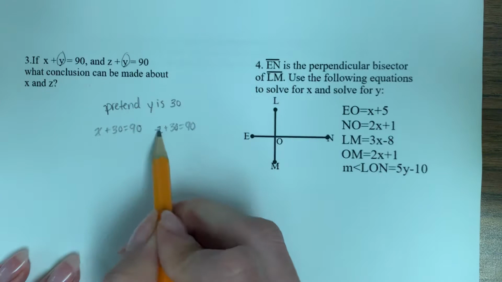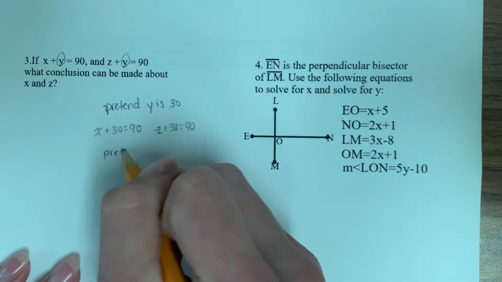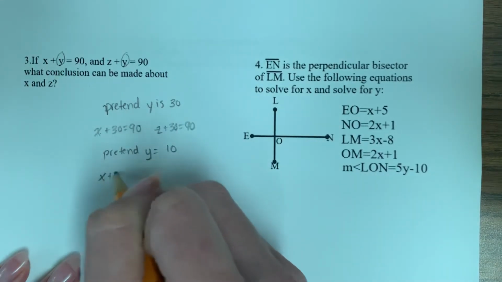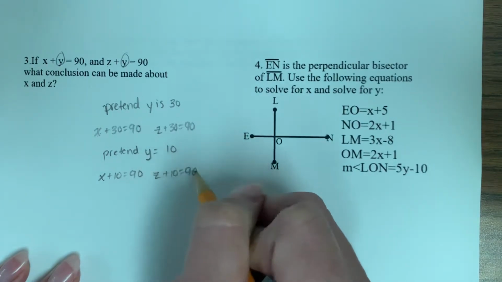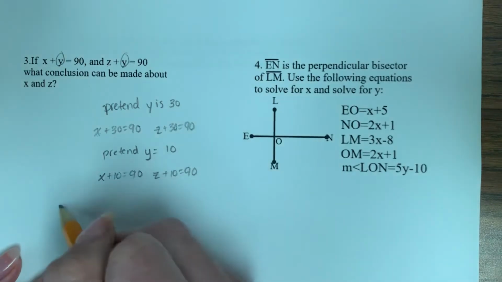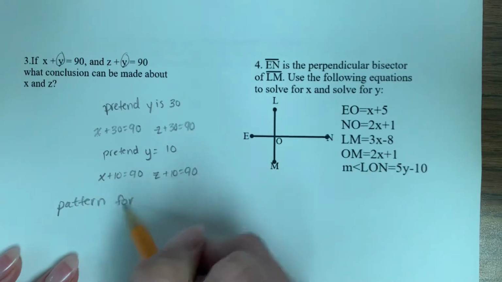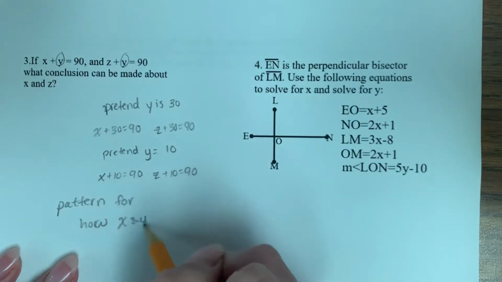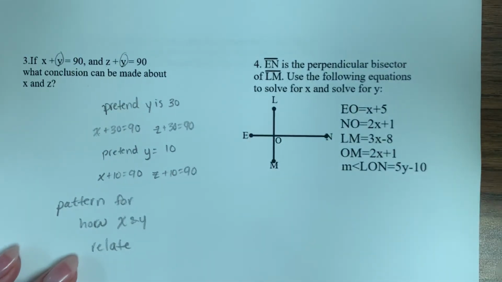You're going to end up getting a certain value for x and z. If you pretend y is 10, and you do x plus 10 equals 90 and z plus 10 equals 90, you're going to get a value for x and z. And if you repeat this process, you should be able to figure out a pattern for how x and z relate to each other. And that's all the information I'm going to give you for that one.